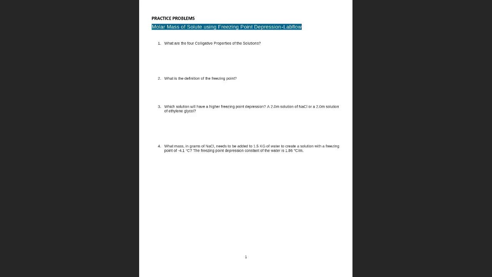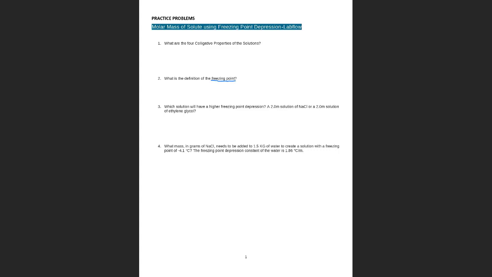Let's go to the second one to refresh this. What is the definition of freezing point? Because I didn't give it to you. It is the temperature at which the liquid state changes to solid state.